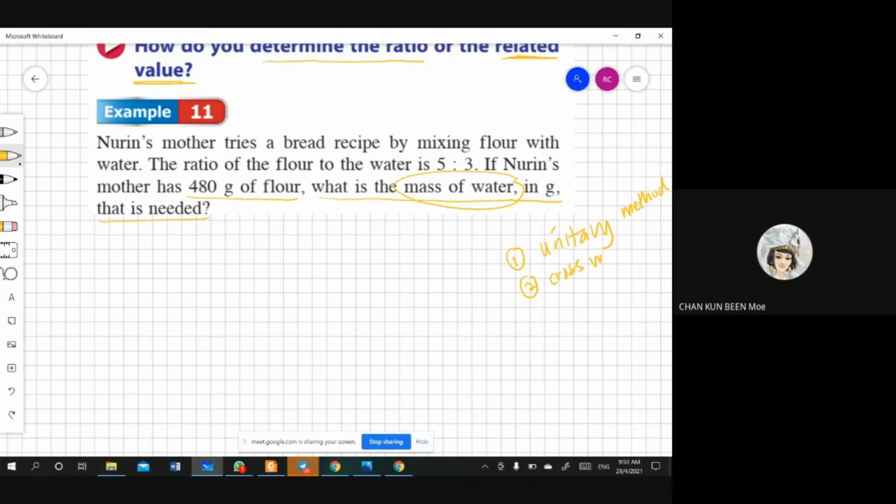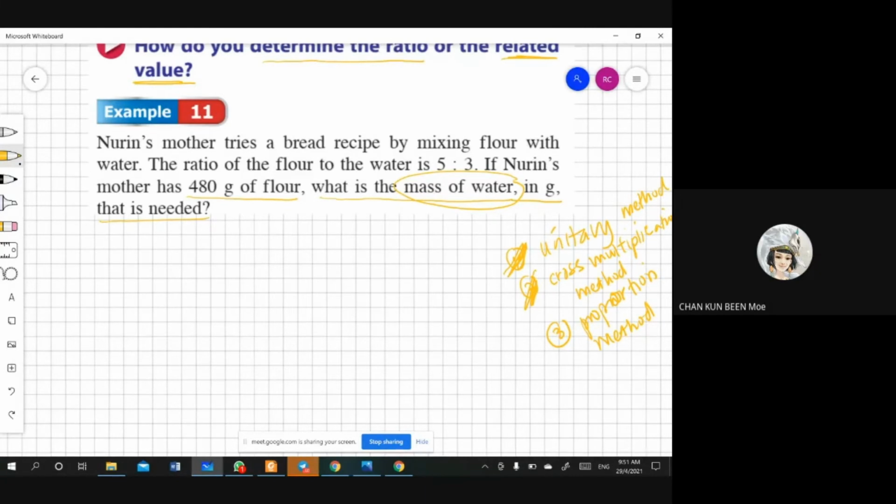What about the third one? Proportion method. Yes, proportion method. Okay, so we have learned these 3 methods, but today we are going to apply 2 of it to solve this question. That is the unitary method, and also the cross multiplication method.